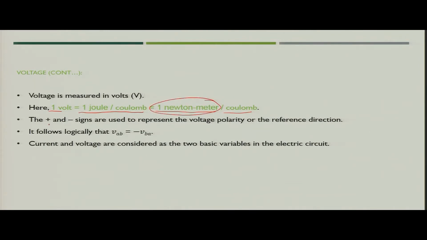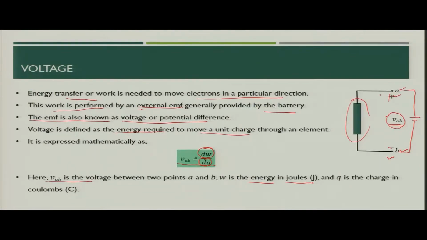Now, the positive and negative signs have their own importance, because when you change the sign you will get the opposite of VAB. If in the previous figure you replace plus with minus and minus with plus, VAB will be the opposite of what we calculated in this particular case.